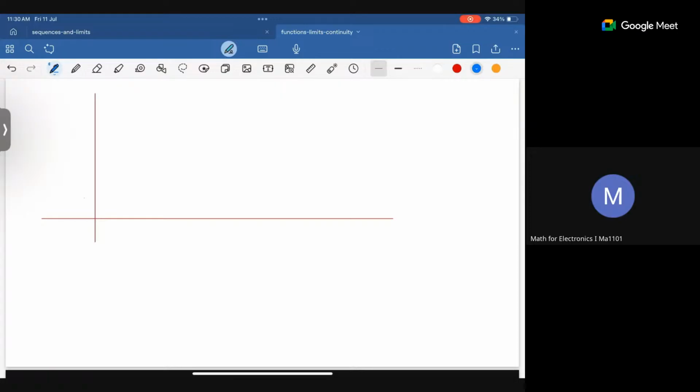Okay, so let me take a single function. Let's say I have a function like this. We know how to plot a function, right? So that's not what we are interested in.